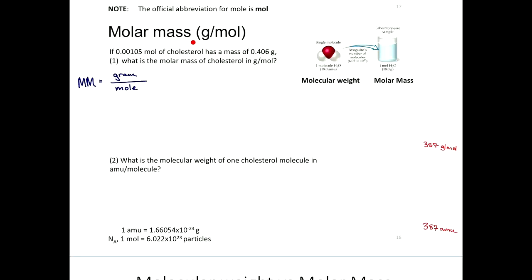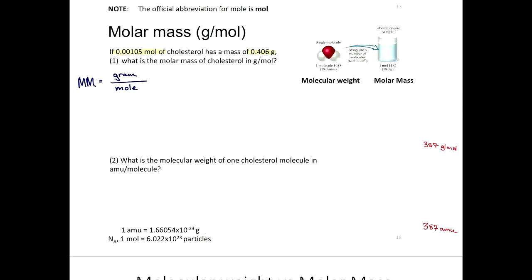So just from the unit of molar mass, you can see that you can calculate it with an equation. If you know the gram amount and the mole amount, you just divide those two numbers to get grams per mole. So if I tell you that a 0.00105 mole sample of cholesterol has this mass, what is the molar mass of cholesterol?